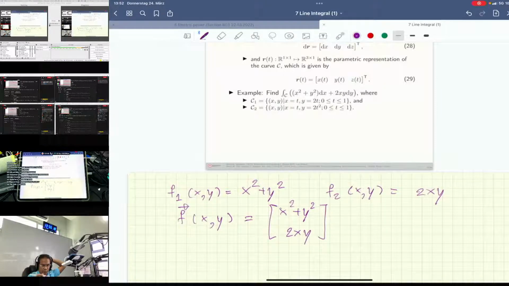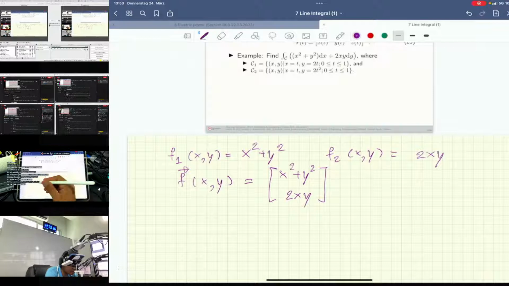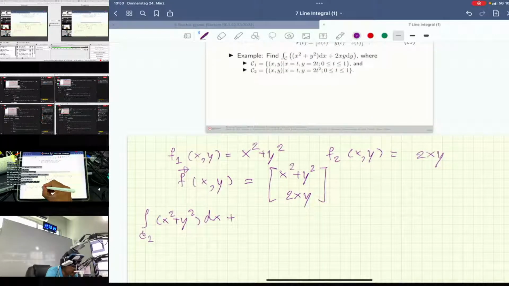And once you consider it along C1, the integration along the first curve of x squared plus y squared dx plus 2xy dy is going to be, of course, this location, the position vector, right?